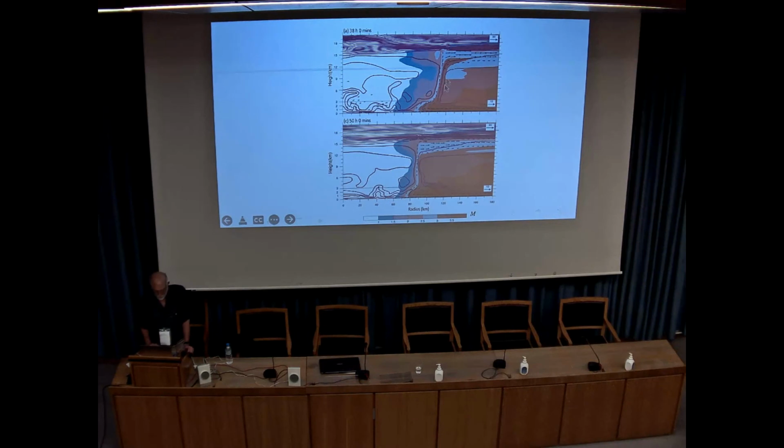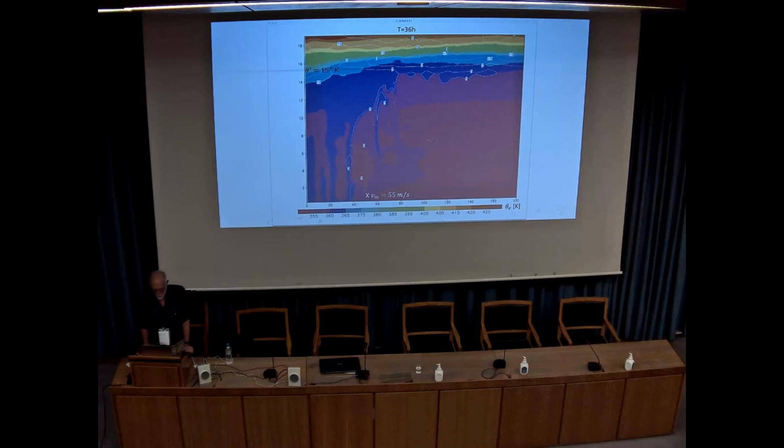And it continues in that way until we get to what I call the Emmanuel state, where the S surfaces given by the contours and the M surfaces given by the colors come into alignment. And once they do, then we can intensify the vortex according to Emmanuel's theory.